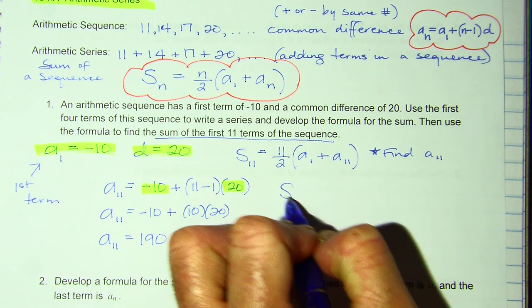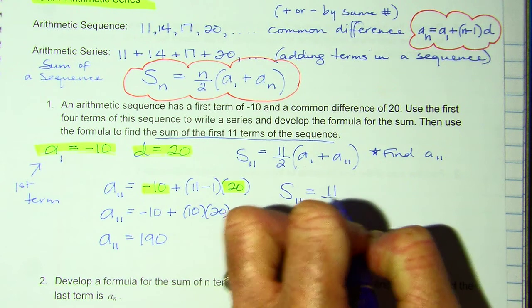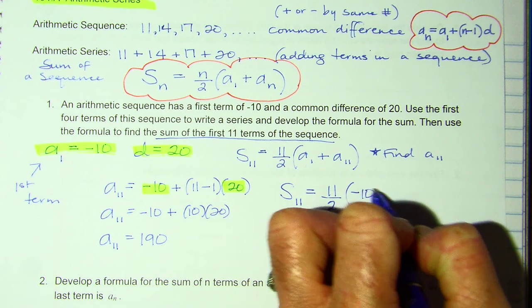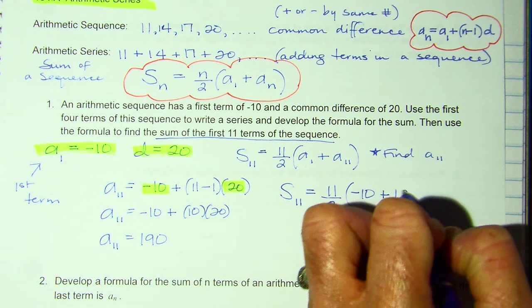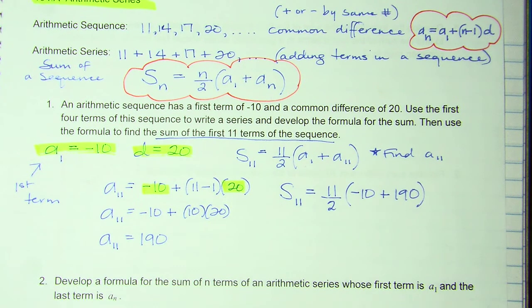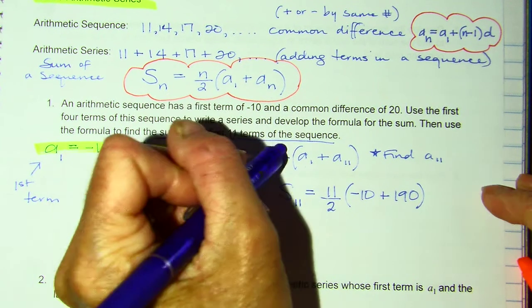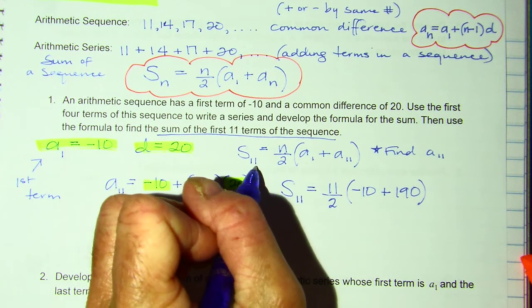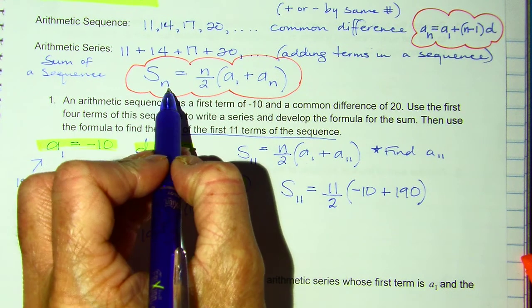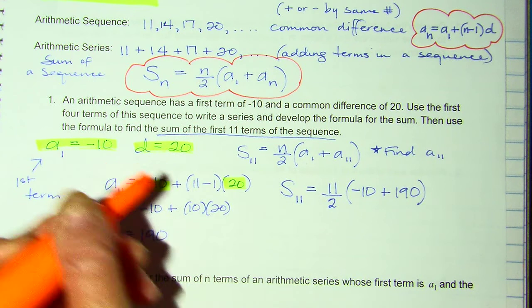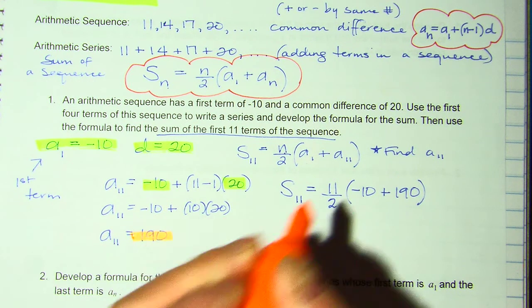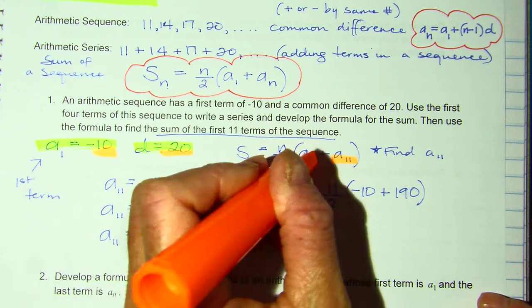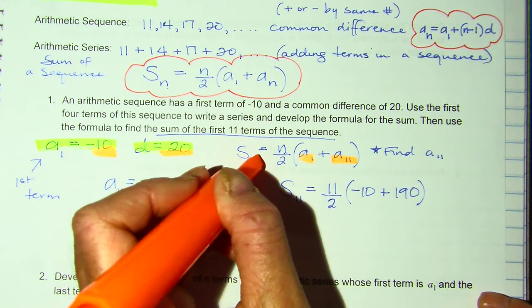So I now have the information needed to find the sum of the first 11 terms. So the sum of the first 11 terms equals n over 2 times my first term, which was -10, plus my 11th term, which was 190. So I'm plugging in 190 here, the first term here, and 11 for n.